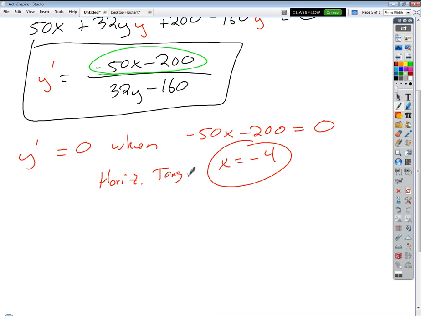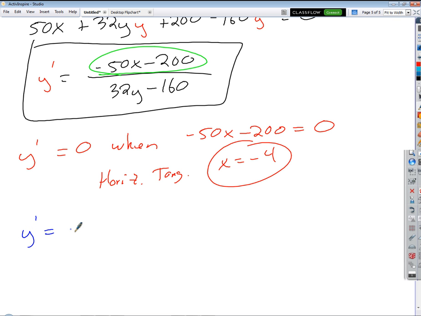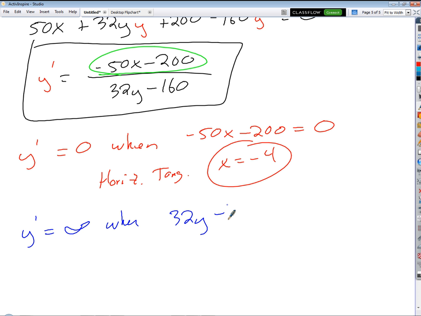So y prime equals infinity, or it's undefined, whatever you want to say, when 32y minus 160 equals 0, so y equals 5. That's where we're going to get vertical tangents, correct?